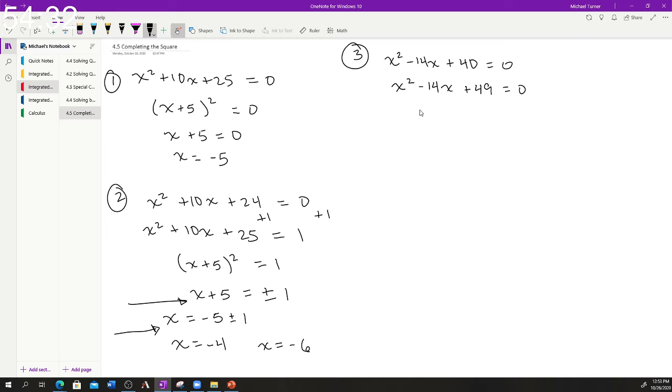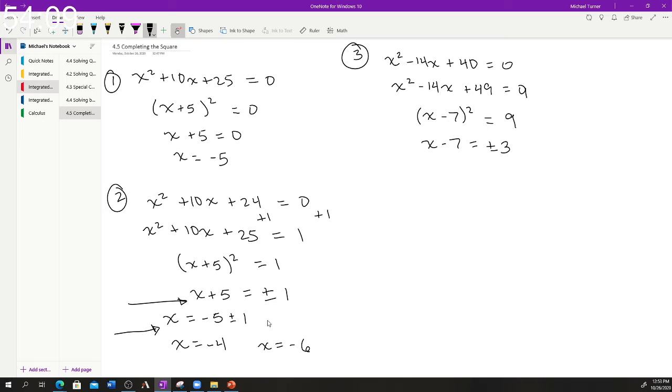Once I do that, I can rewrite this as (x minus 7) squared. Add the 9 on both sides. Okay. Now from here, take the square root. The square root and square go away, and the square root of 9 is plus or minus 3.